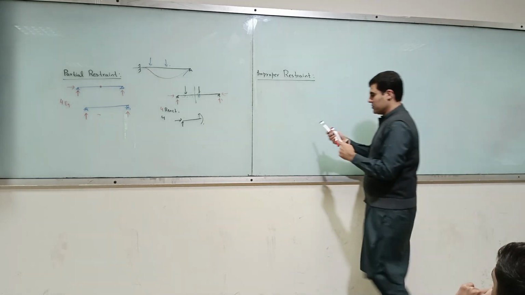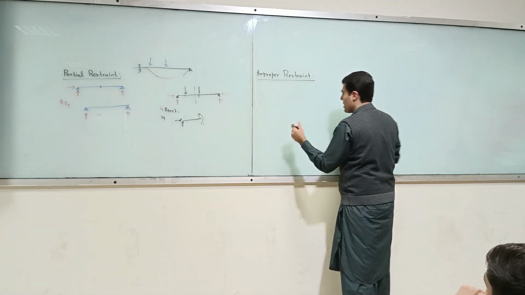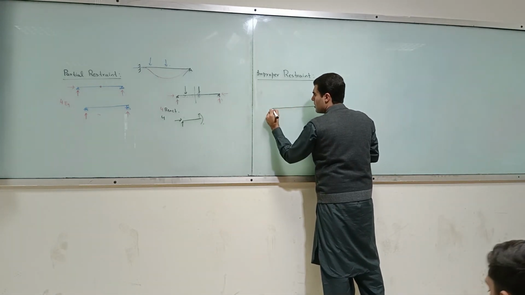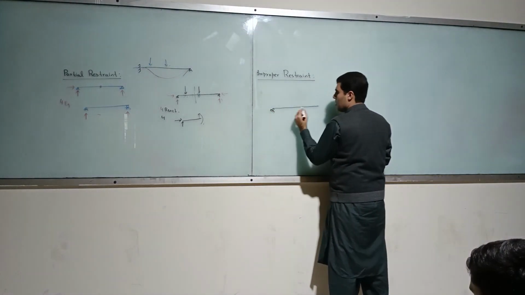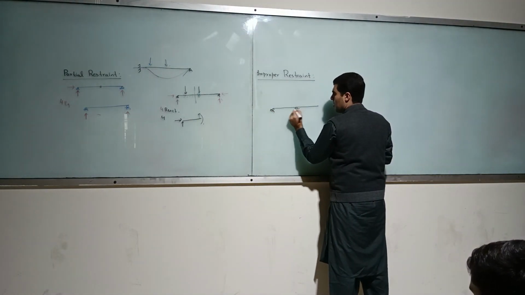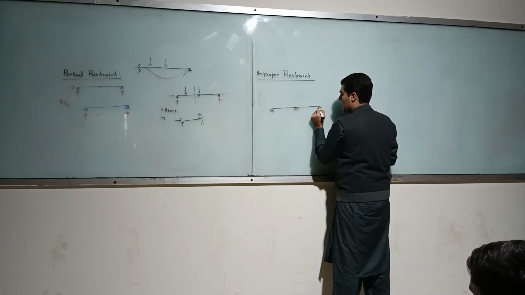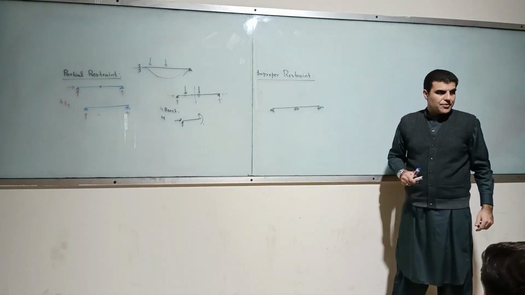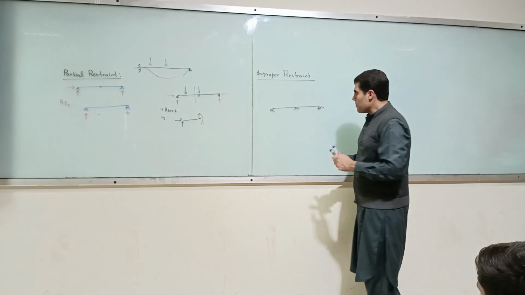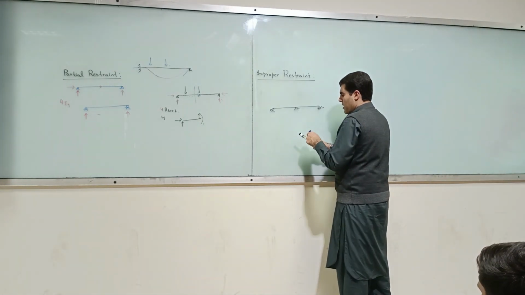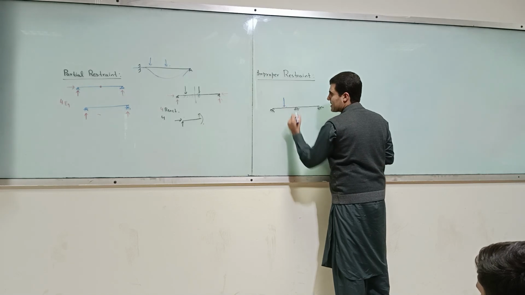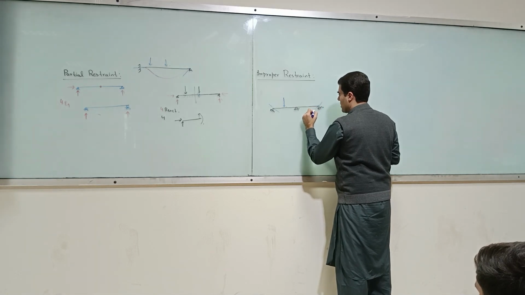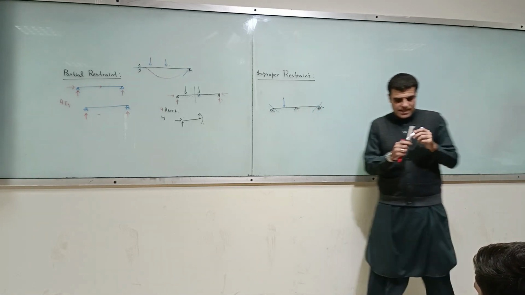What does that mean? Imagine we have got a beam whose supports look like this. You put a load, and there are 3 rollers. This one is inclined like this, this one is inclined like this, and this one is inclined like that.